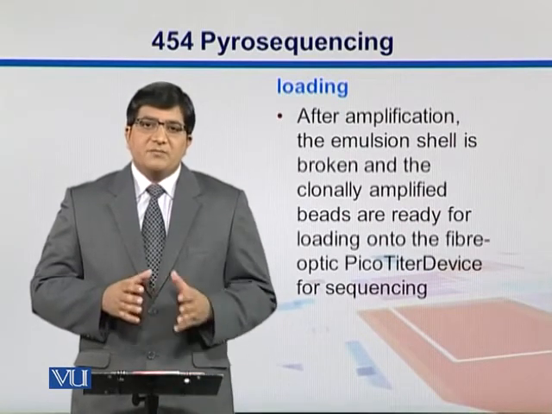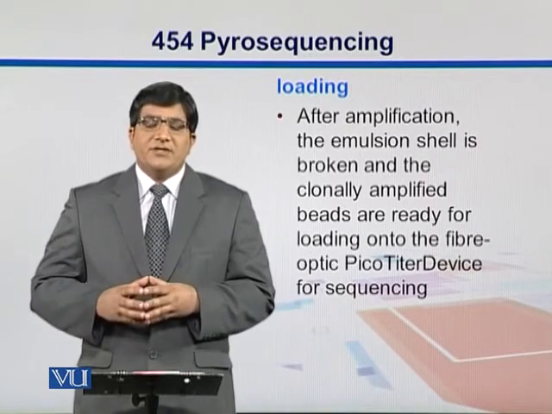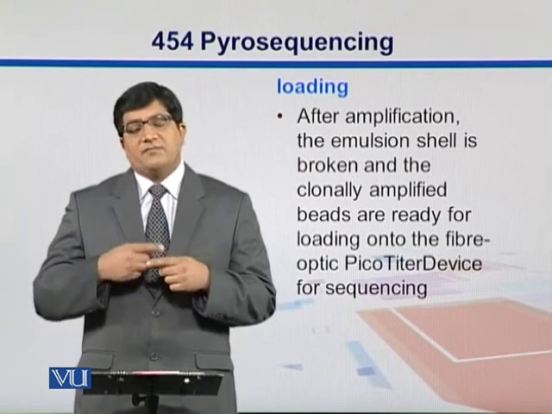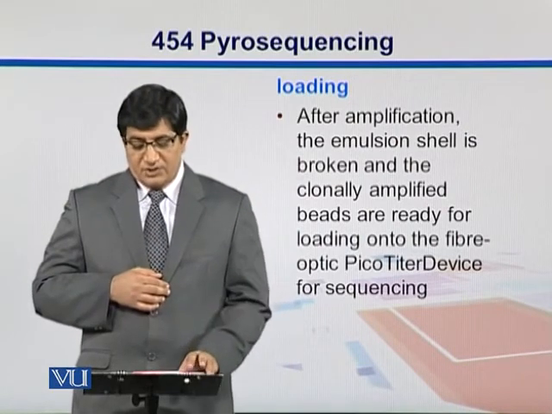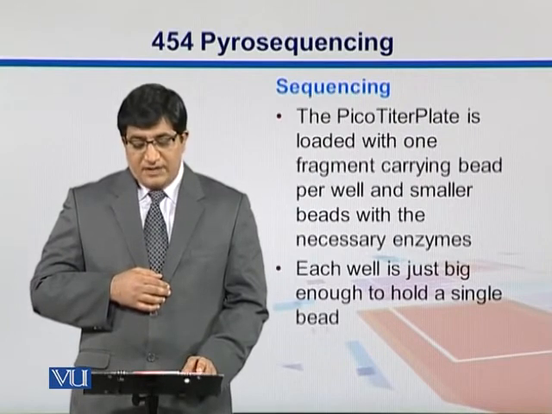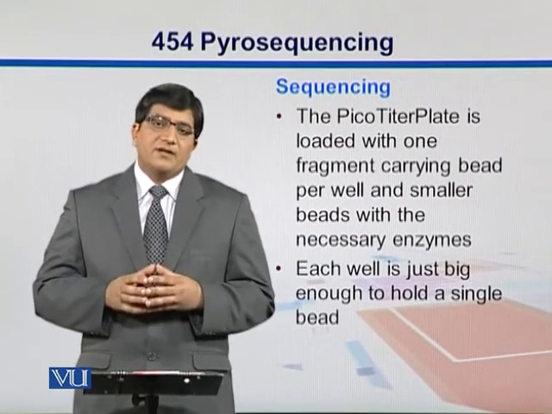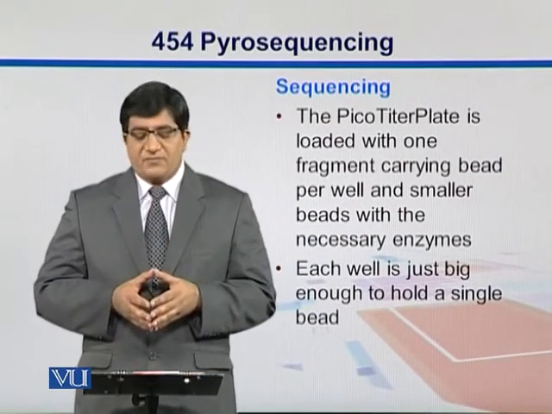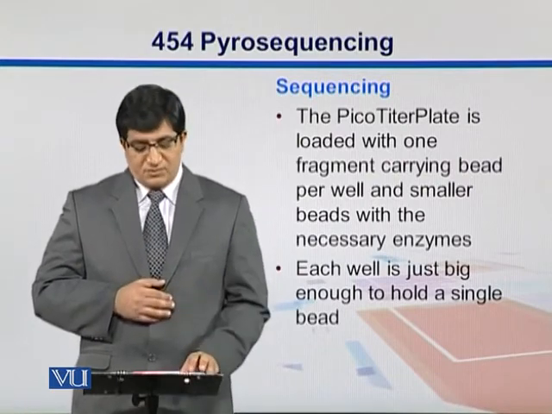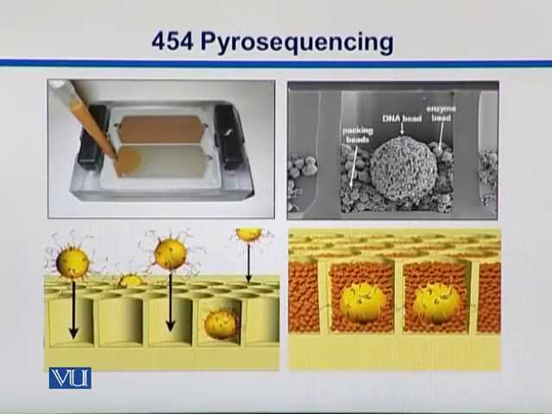After the amplification, we take those beads, which have the amplified fragments, and we load them into the picotiter plates. Each bead carries clonally amplified copies of the same sequence. We also put in the necessary enzymes, and the wells in the plates are big enough to hold one bead at a time.